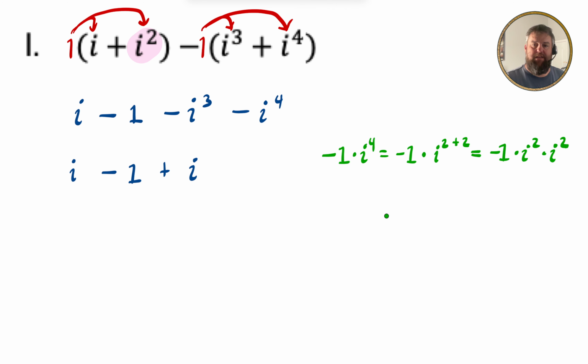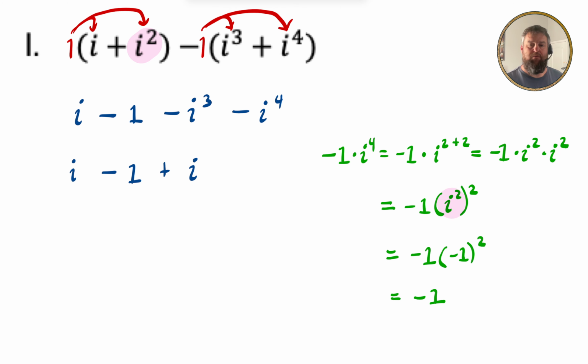Okay, and we'll take that just one more final step for this piece. This becomes negative 1 times i squared squared. And just like before, here I have an i squared, so that's just going to become negative 1. So we're taking negative 1 times negative 1 squared. Negative 1 squared is just 1, so the whole thing becomes negative 1. So minus i to the fourth just simply becomes minus 1.